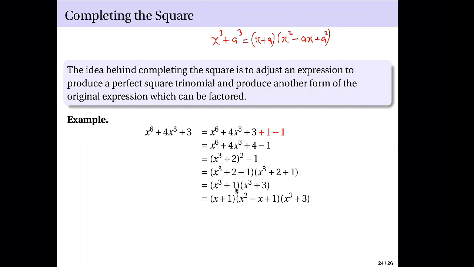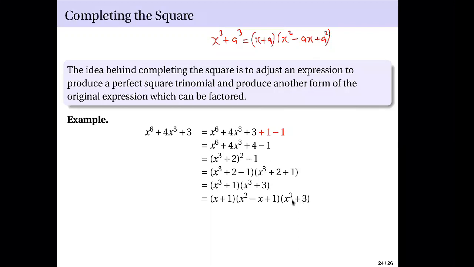So we are just using this formula for this x cubed plus 1. a is equal to 1, so a cubed is equal to 1 again. And therefore, you have x plus 1, that's your x plus a. Then in here, x squared minus x plus 1. a is equal to 1, so minus ax is just x. Then a squared is equal to 1.